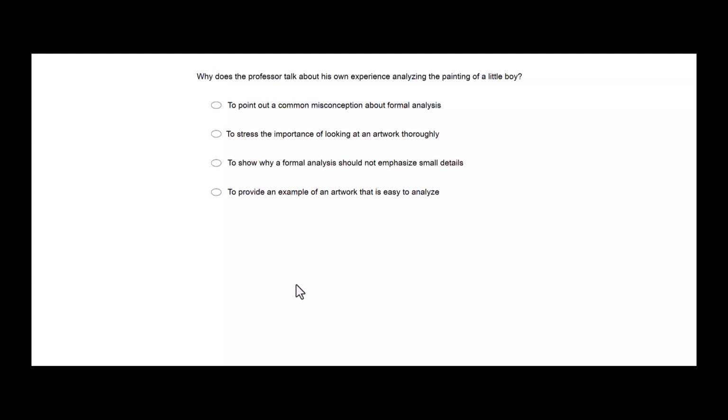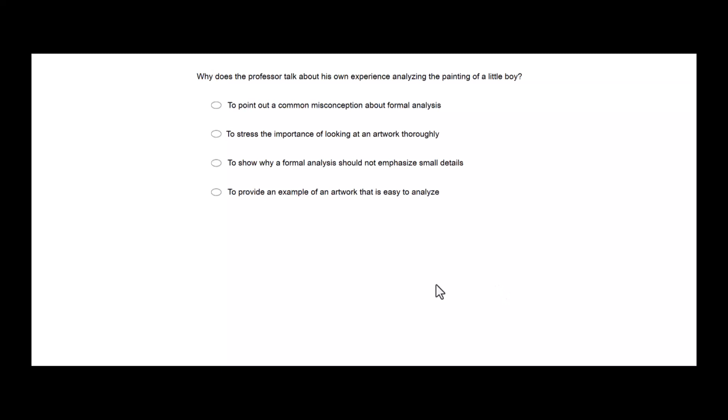Firstly, he cited that sometimes the meaning of details, the meaning of an artwork, is not clear immediately. So for this, they should look at the artwork for a long period. And then he mentioned his personal experience. All right, with this in mind, we check the options.